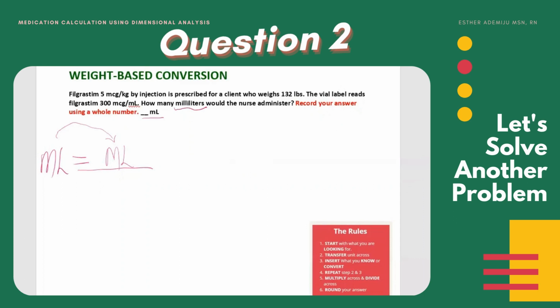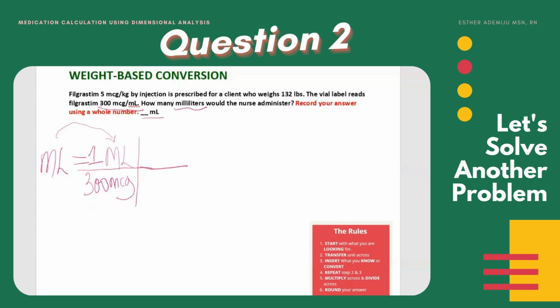We have 300 micrograms per milliliter. Anytime you see a metric value by itself like that with just milliliters, always assume it means 1 milliliter. So we're going to write 1 milliliter over 300 micrograms.